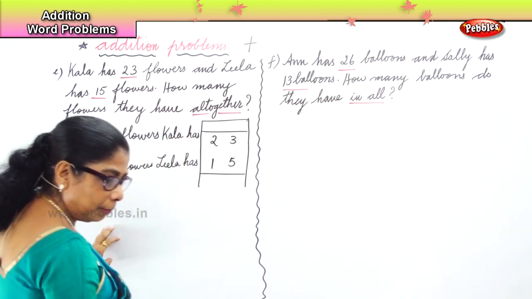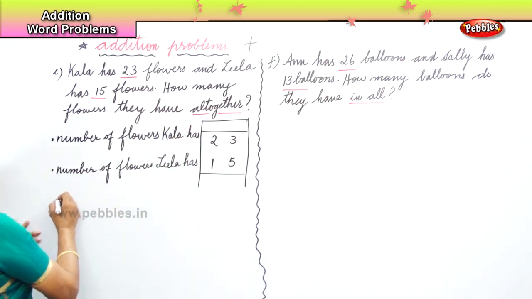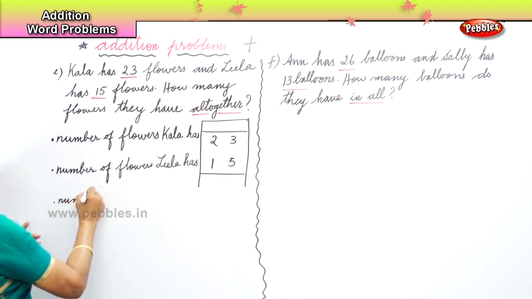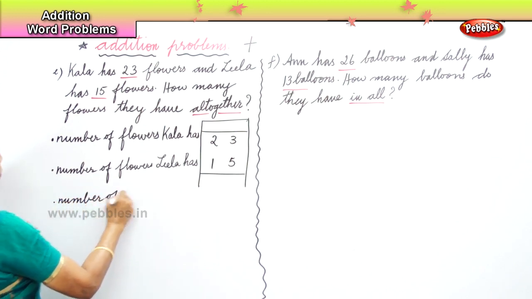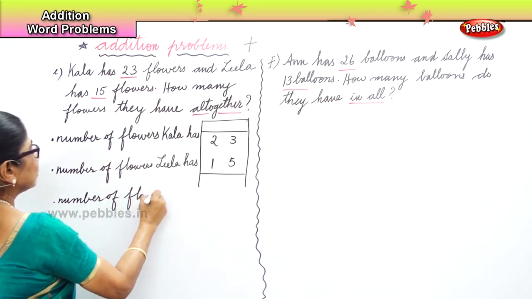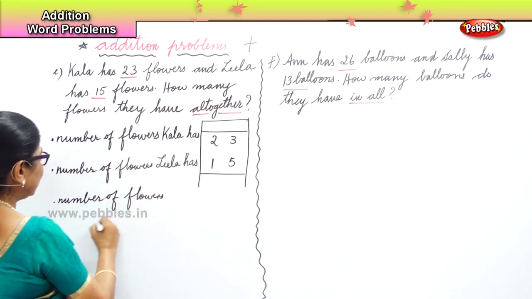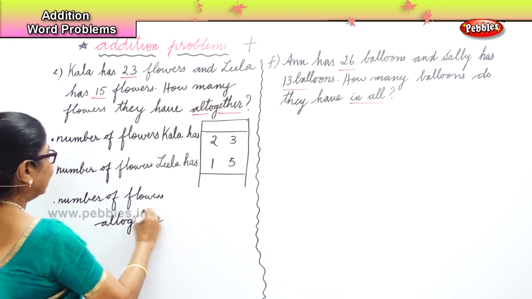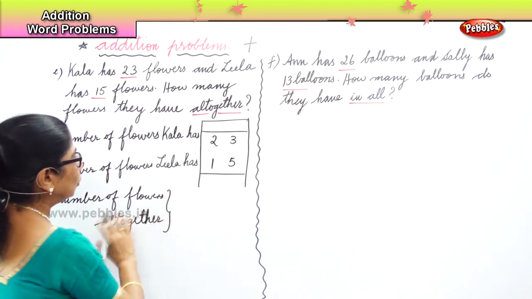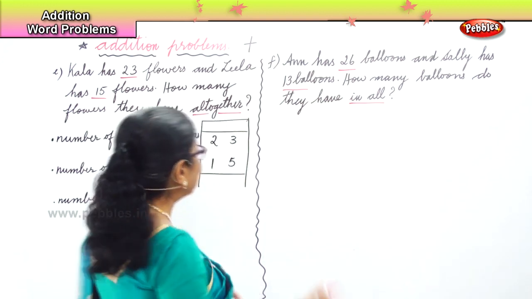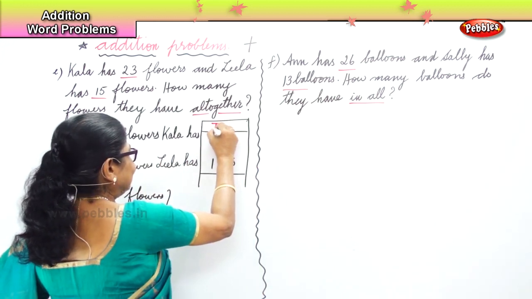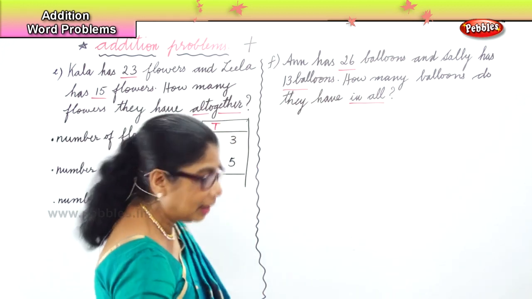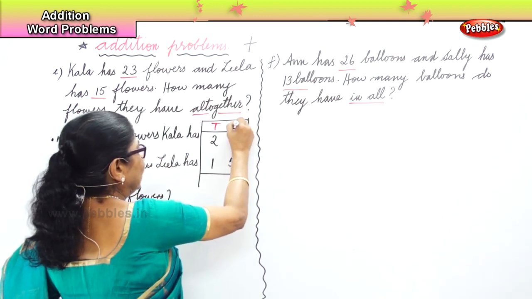You say total number of flowers altogether, or number of flowers altogether. Altogether means add. Number of flowers altogether, with both together, how much? Now, remember to write tens and ones. That will help us in our addition.